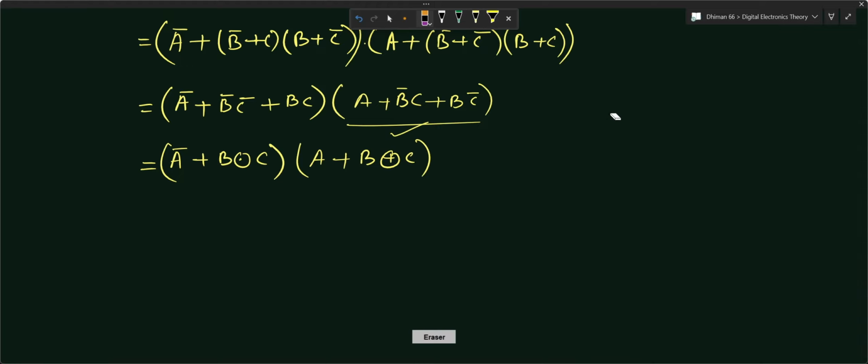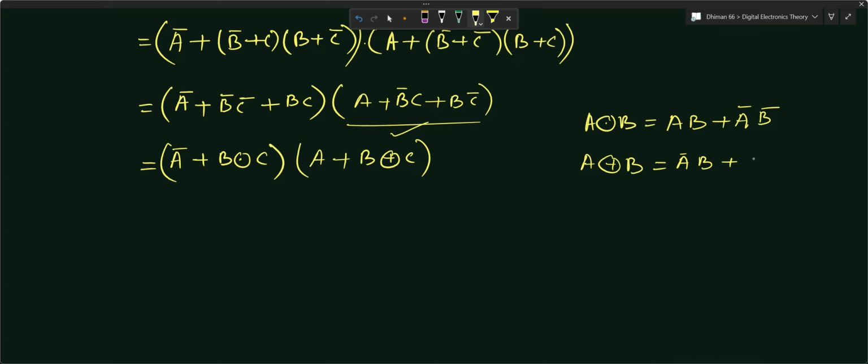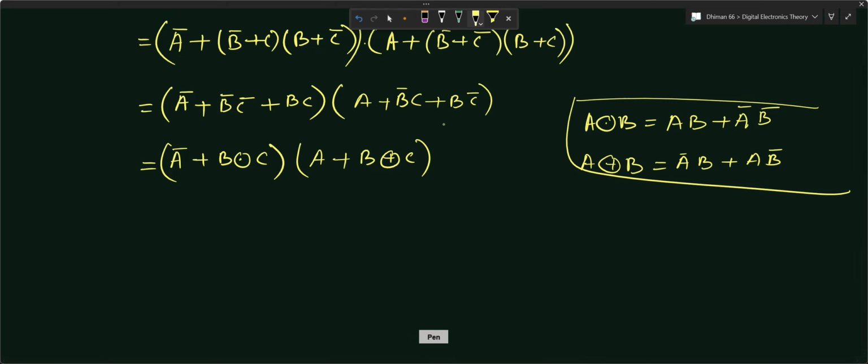This is nothing but the XOR operation and XNOR operation. A XNOR b is equal to a b plus a bar b bar, and a XOR b is equal to a bar b plus a b bar. This is written for your understanding purpose; you need not write it in your exam or competitive exam.